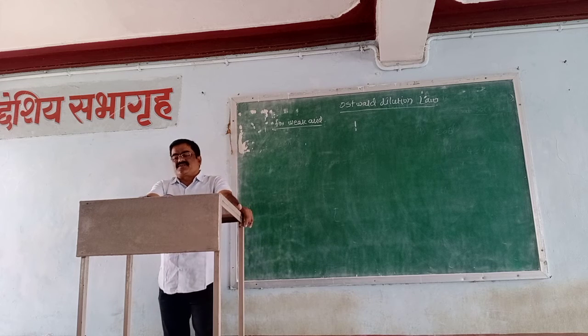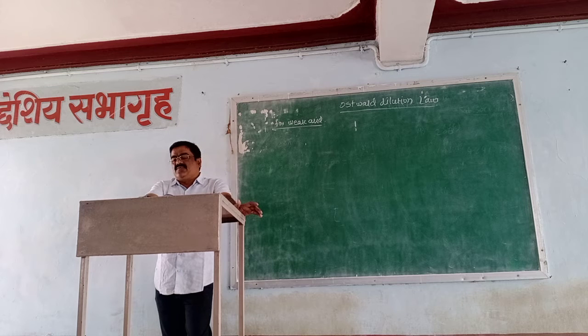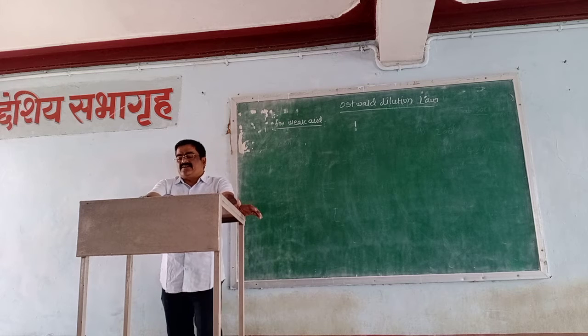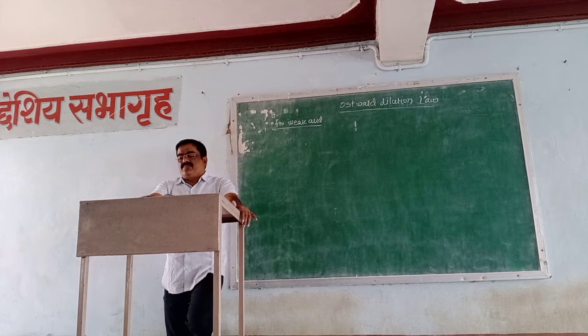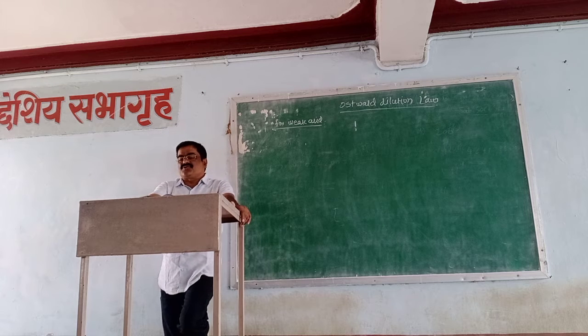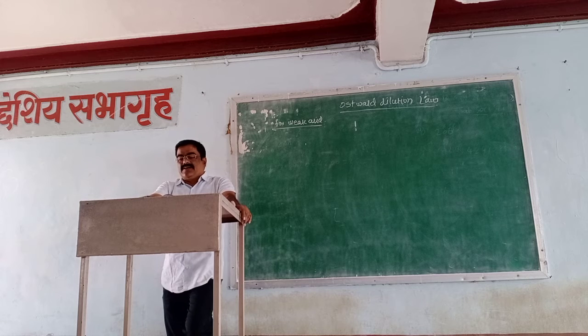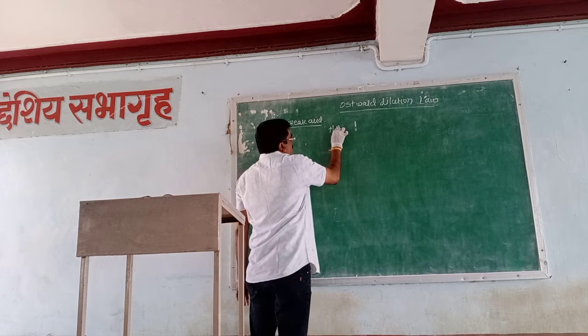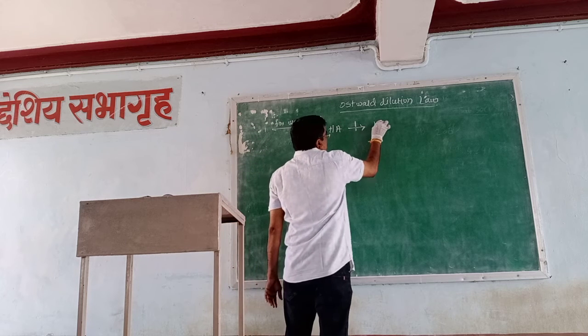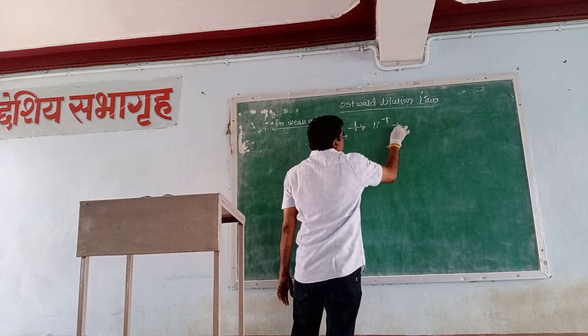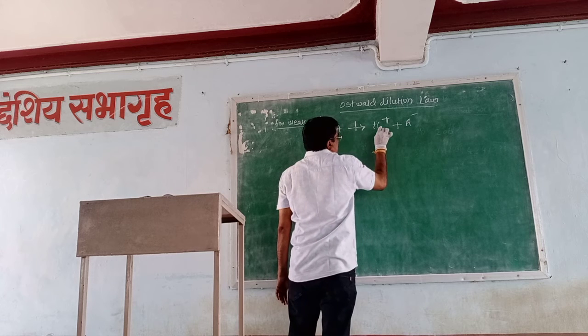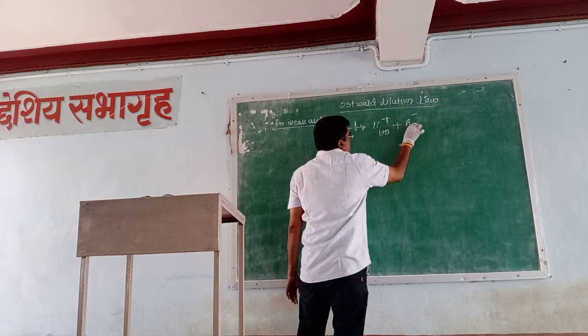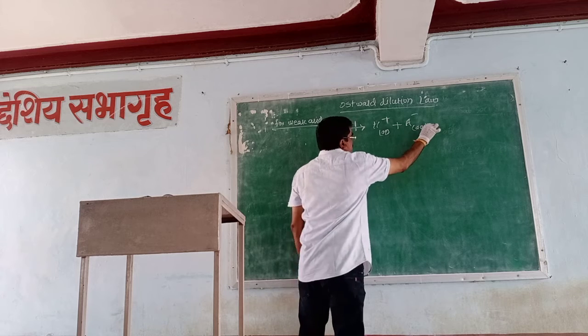For the weak acids, consider the equilibrium of the weak acid HA that exists in the solution partly as undissociated species HA and partly as H plus and A minus ions. Then the weak acid HA gives H plus and A minus in aqueous solution.